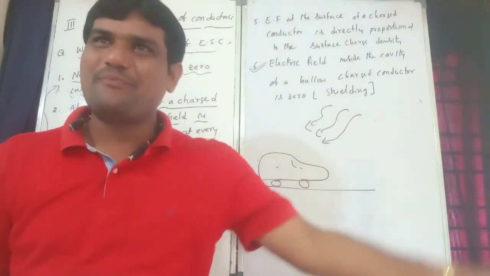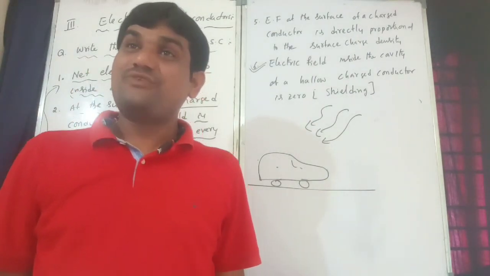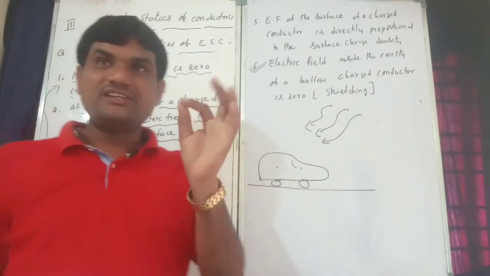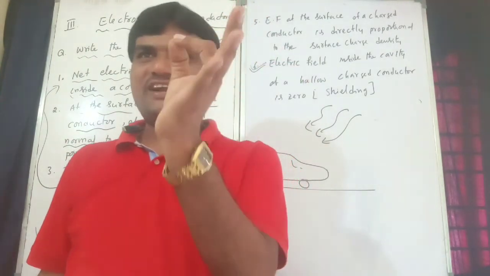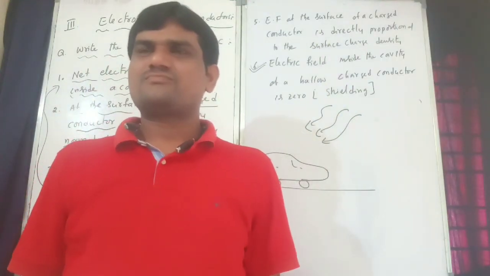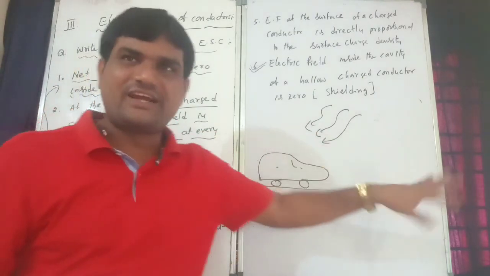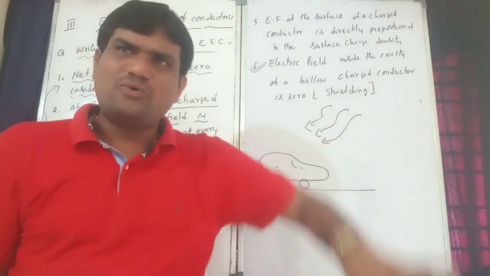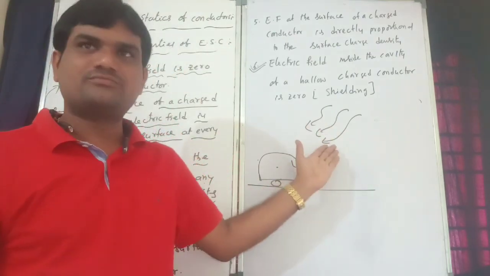Correct? You did not get any problem with the thunder and lightning. If you sit inside a car, you did not get any shock, any problem. But if you come outside, in that case, you will get compulsory some shock.